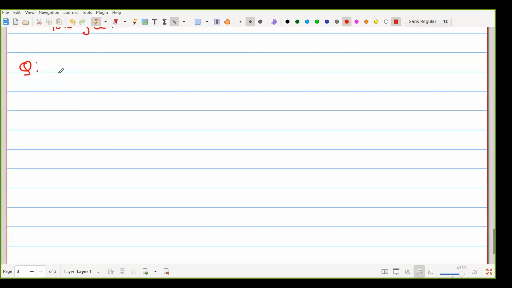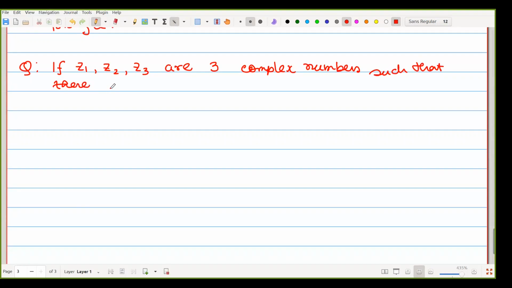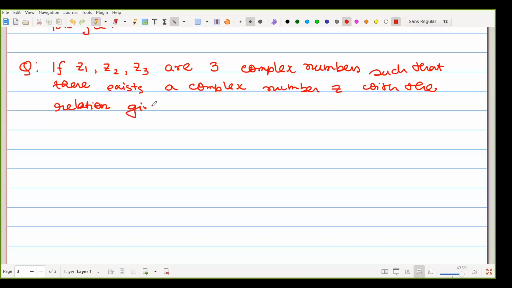Here the question is like that: if Z1, Z2, Z3 are three complex numbers such that there exists a complex number Z with the relation given.